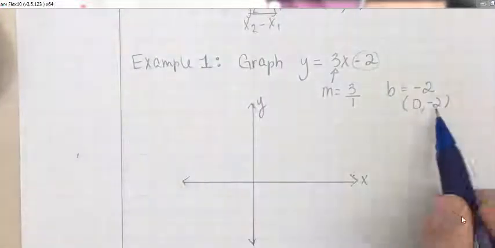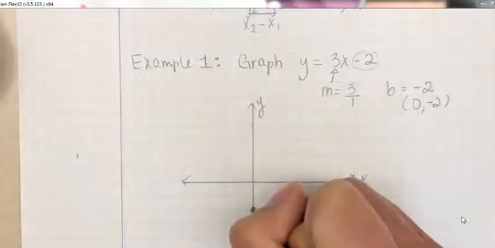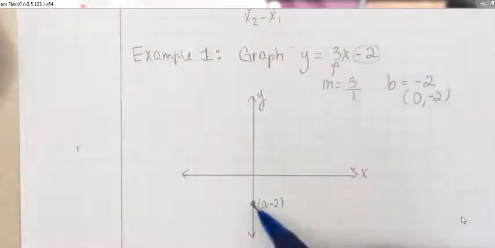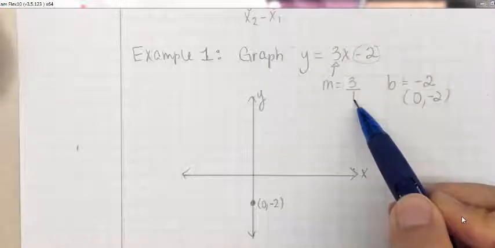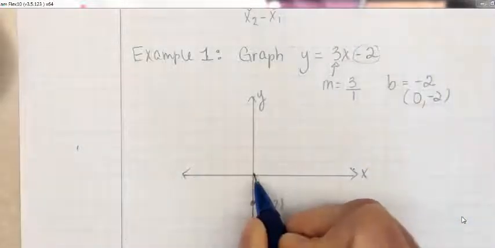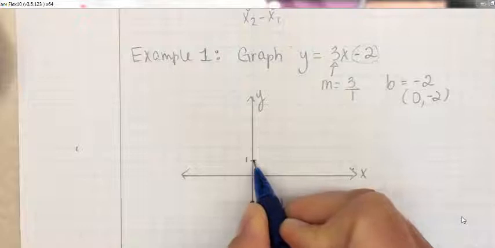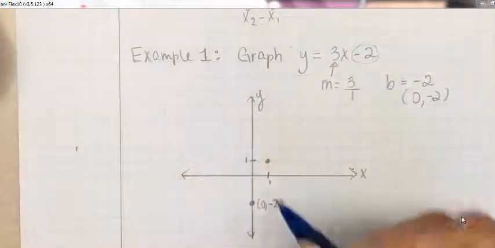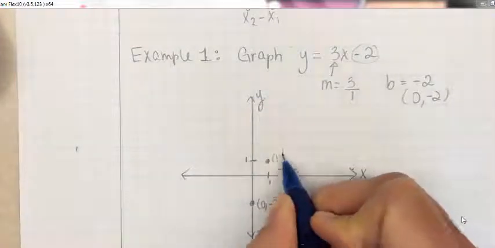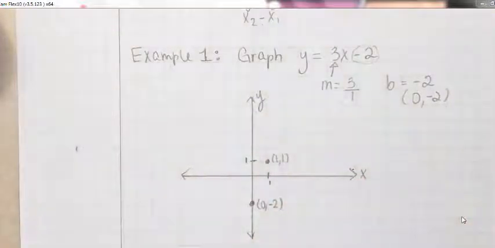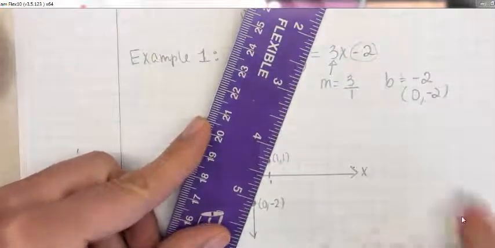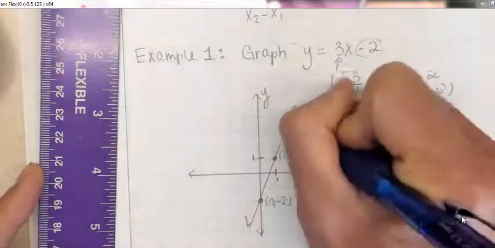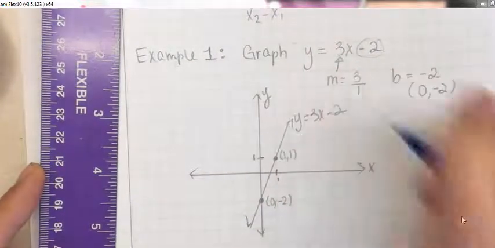This is a rise of 3 and a run of 1. So I go up 3, which puts me at positive 1, and then I run 1, which puts me at the point 1, 1. Now 2 points form a line, so I can now graph that equation, y equals 3x minus 2.